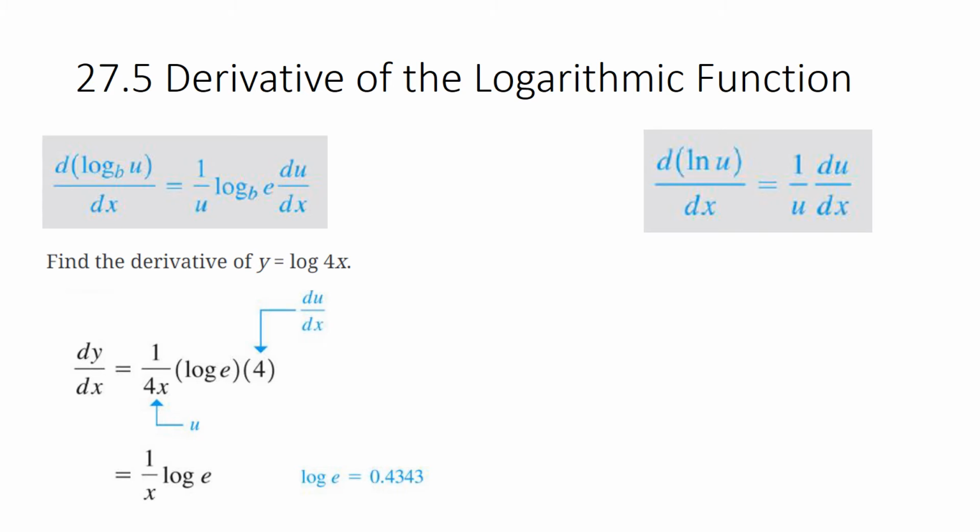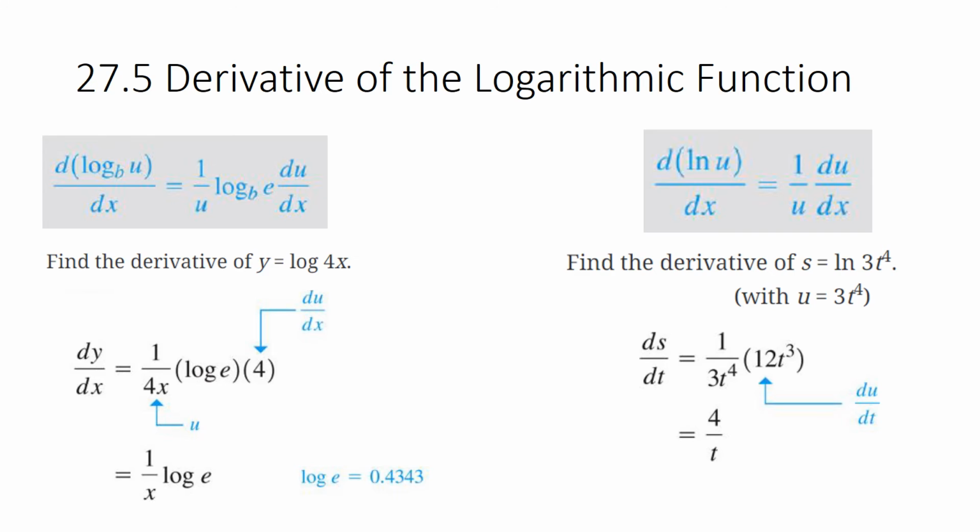And we know that dy/dx is 1 over 4x, once again 4x is the u, multiplied by the logarithm of e times the derivative of 4x, which is 4. So it's basically 1 over x times the logarithm of e. Once again, if you were to push logarithm of e, which is 2.71 etc., you'd get this value. The base 10 logarithm of e is 0.4343.